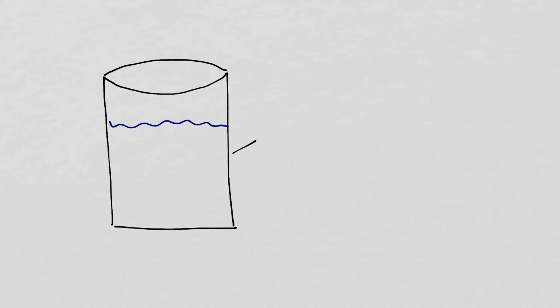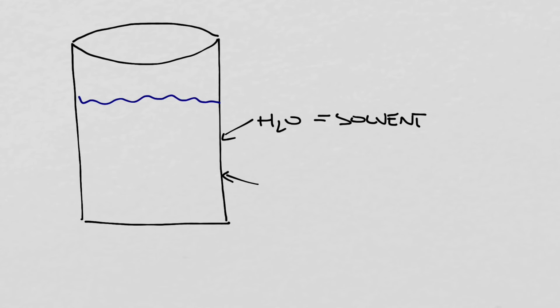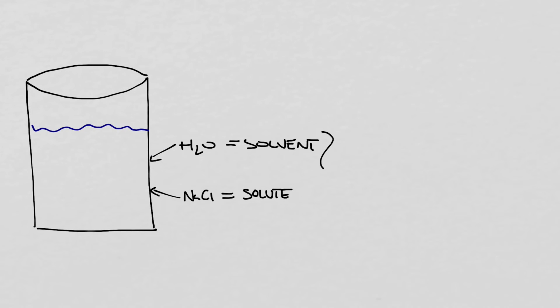It's composed of water, H2O, which is the solvent. And it's also composed of salt, NaCl. So we have a saltwater solution here, and the NaCl is the solute. Some more chemistry words for you here. And together, they create the solution.